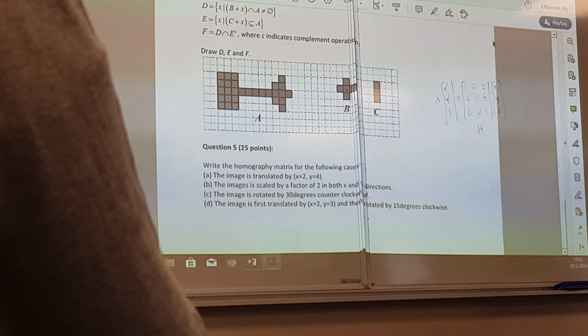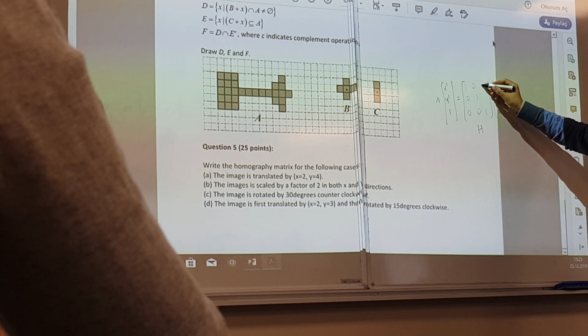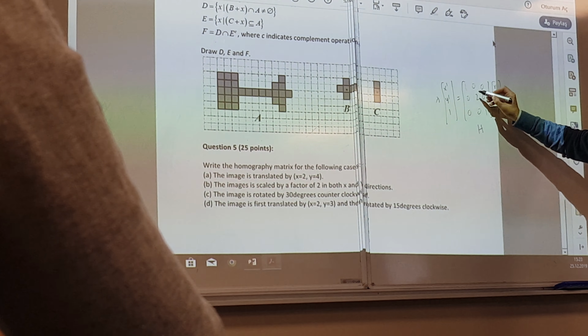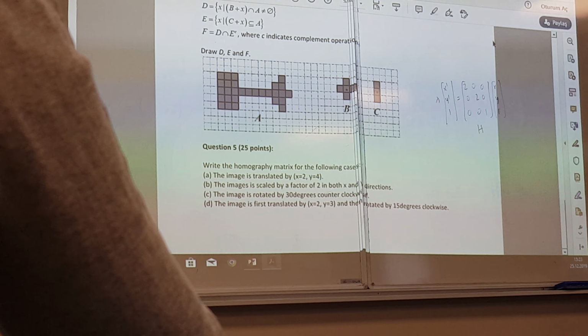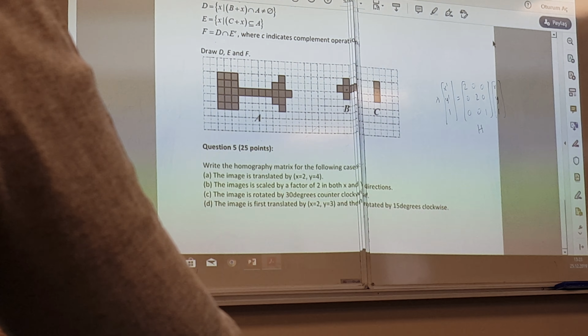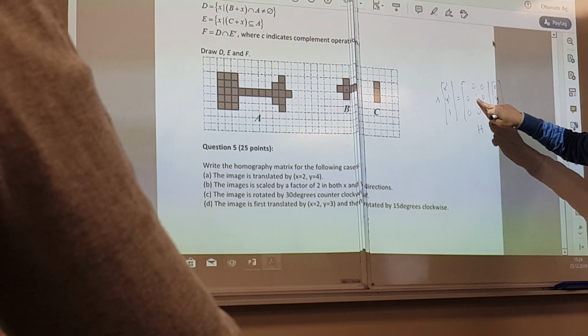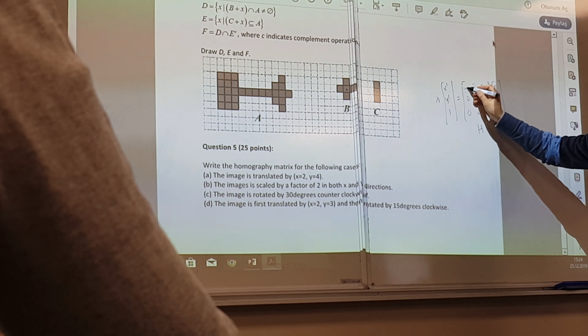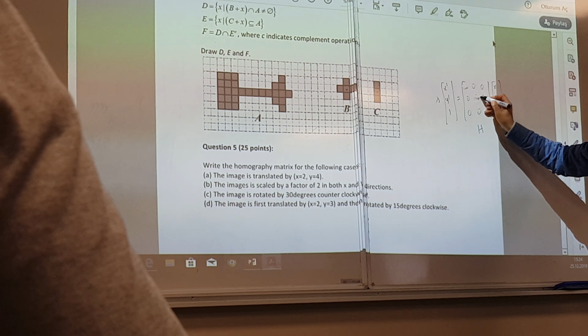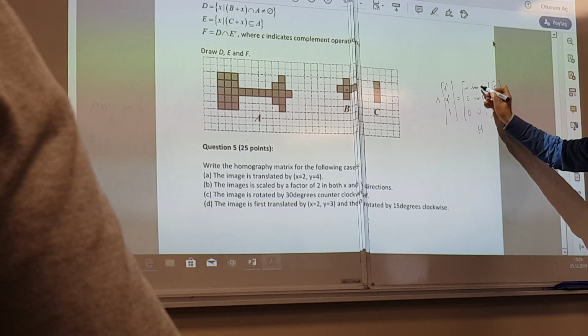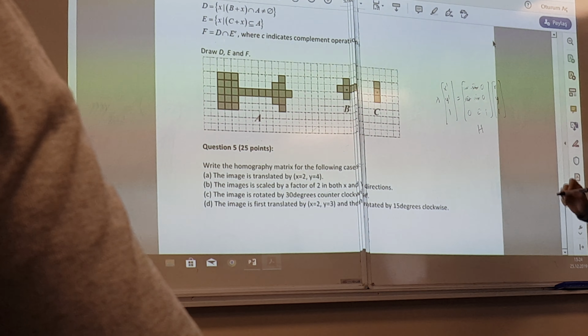The image is scaled by a factor of 2 in both x and y directions. Okay, that's part B. The image is rotated by 30 degrees counterclockwise. Cosine theta, minus sine theta, sine theta.